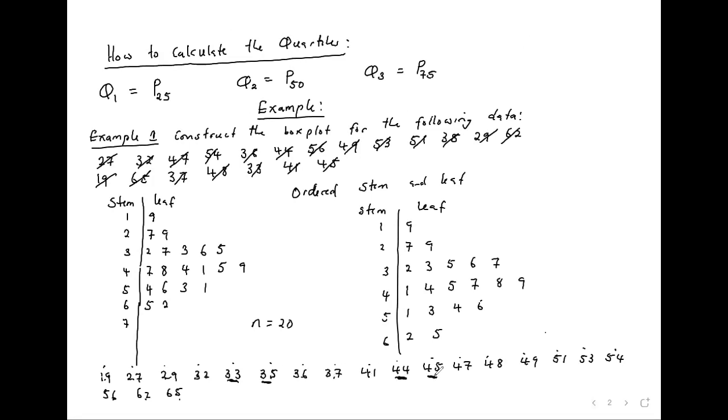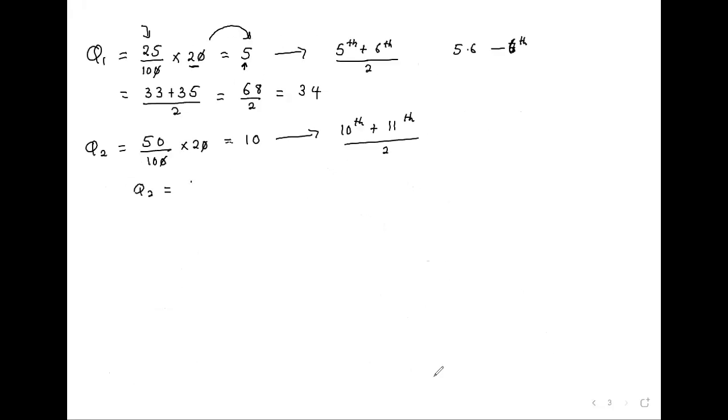So 44 plus 45 over 2. That's 89. Divided by 2, you get 44.5.